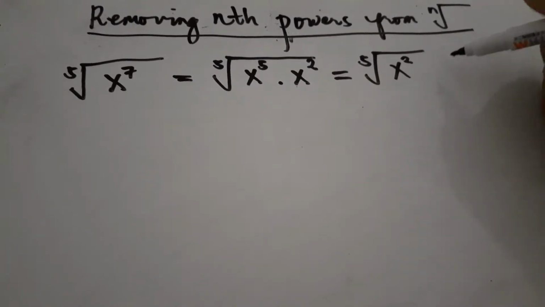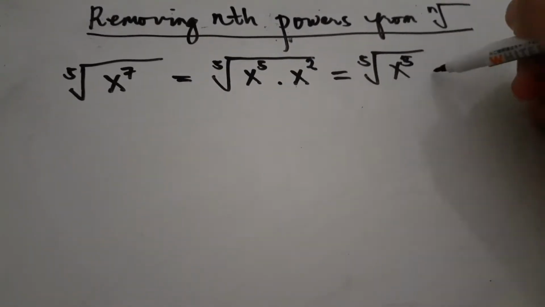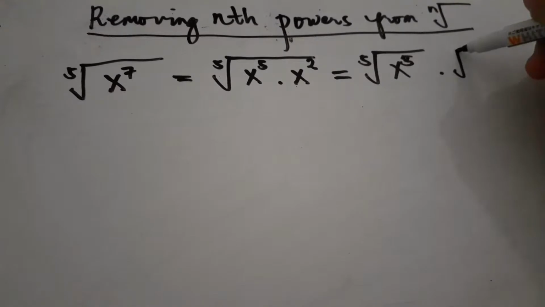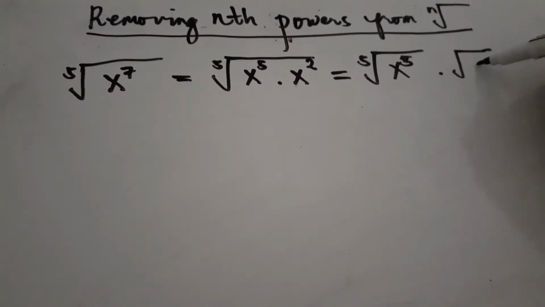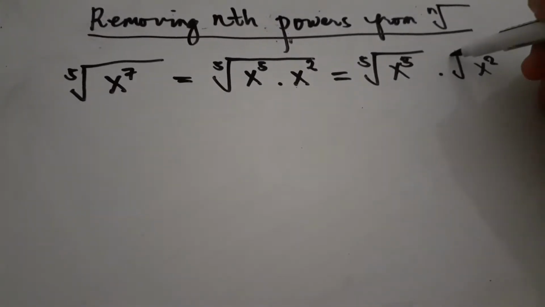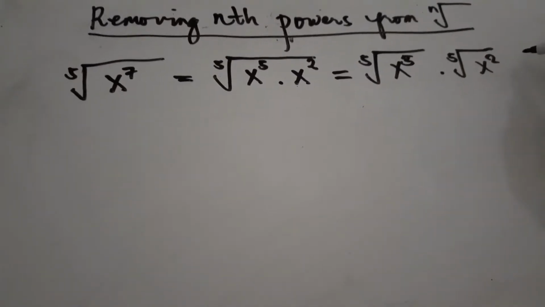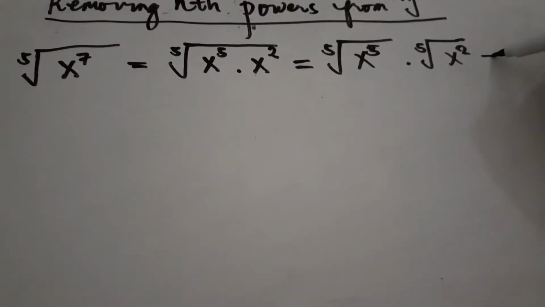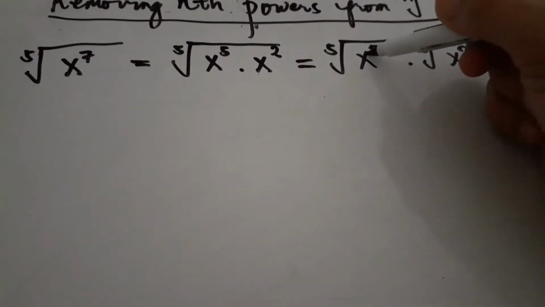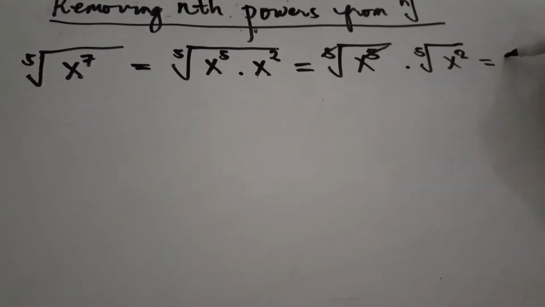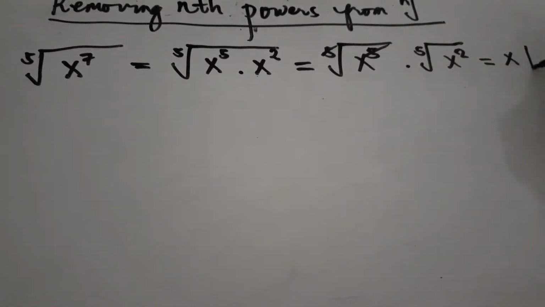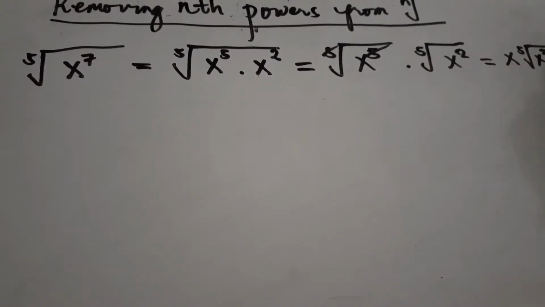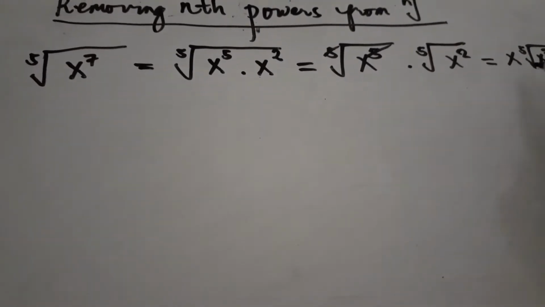So we can roll out x to the fifth power, that is being factored, cancel out 5, and the remaining is x times the fifth root of x squared, and this is the answer.